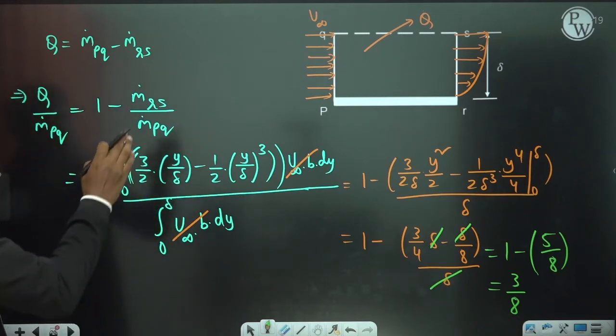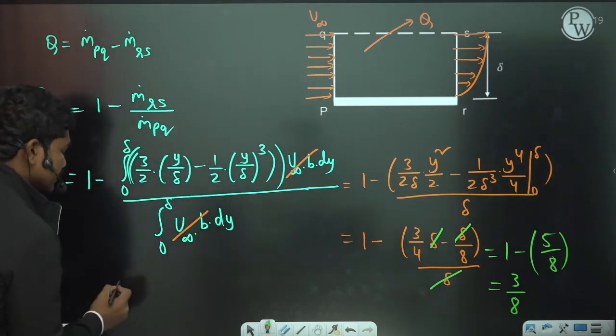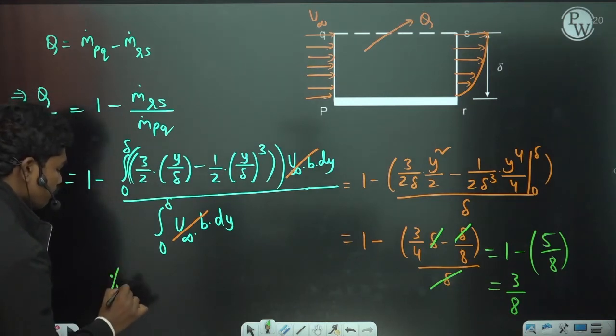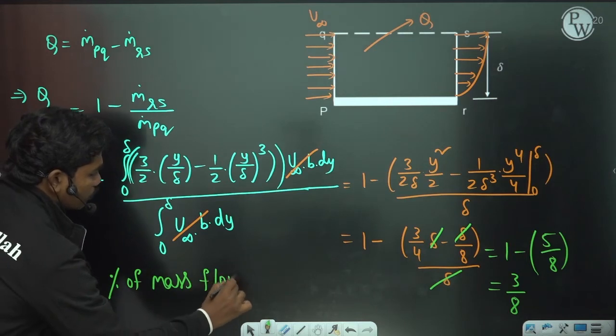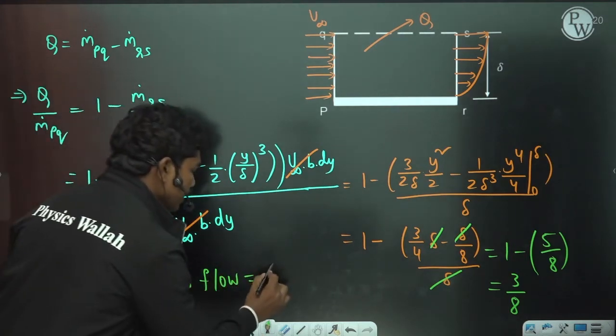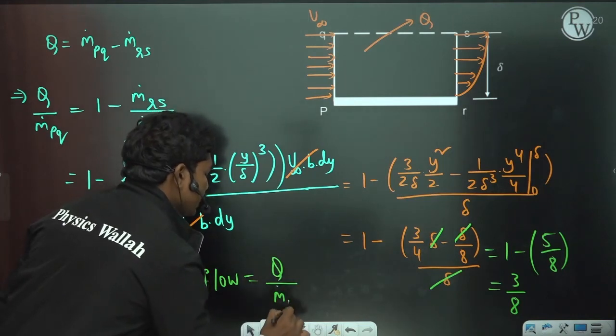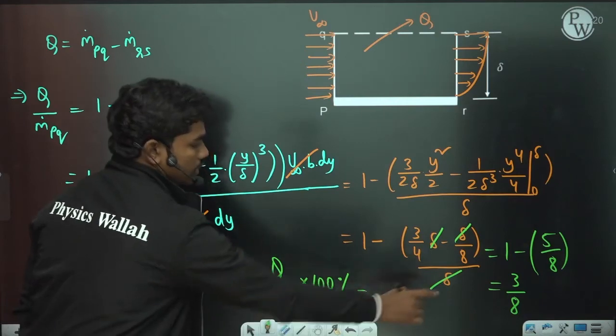So the mass fraction that is passing through this QS is 3 by 8, but since they are asking for percentage, the percentage of mass flow is Q by m dot PQ into 100%. This value is equal to 3 by 8.